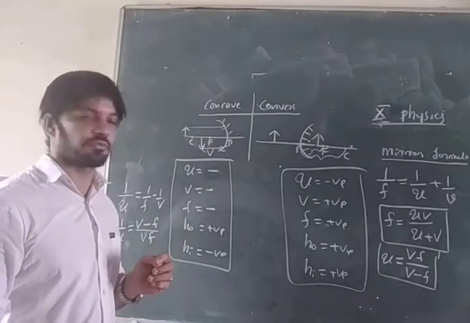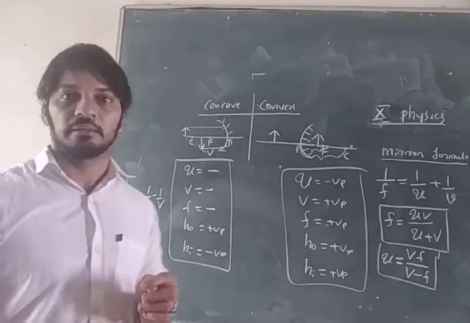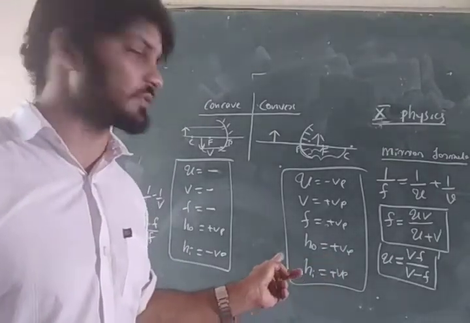U means the distance between the object and the mirror.